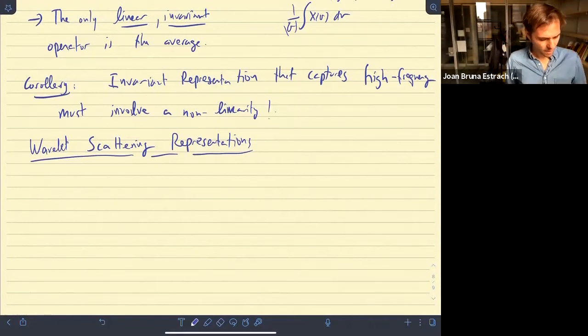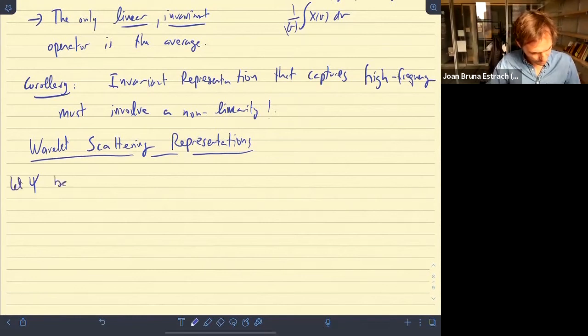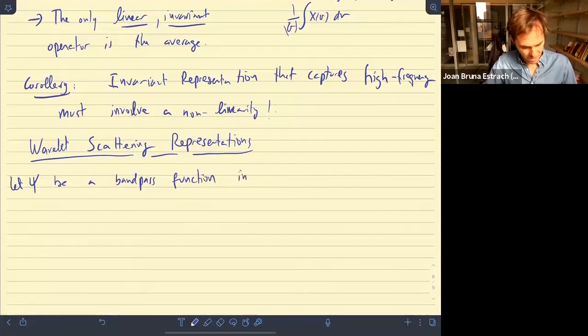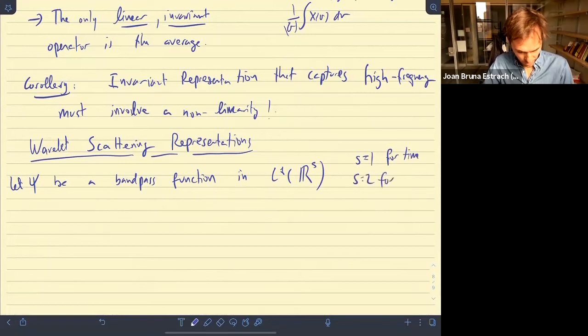Okay, so for this, I'm going to define a function phi, the bandpass function, that is just integrable, so let's say L1. I'm going to think that I have a domain S, where S equals 1 for time, S equals 2 for images.